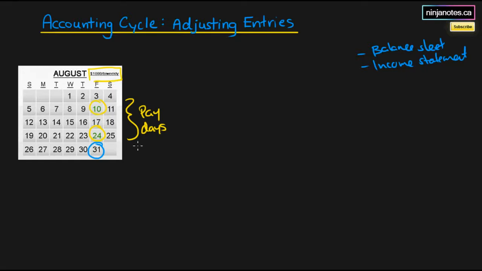So on the 10th they receive $1,000, on the 24th they receive $1,000, and on the 7th of September they'll receive another $1,000, which will be the basis of this example, because this creates a problem when the payday falls into the next month.